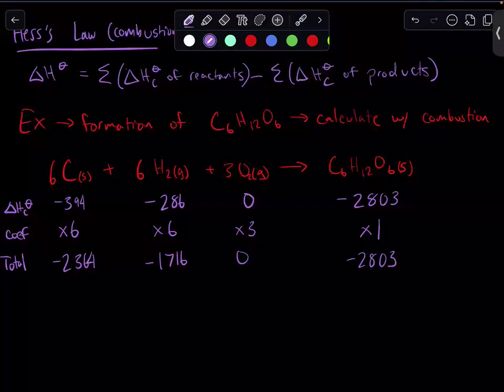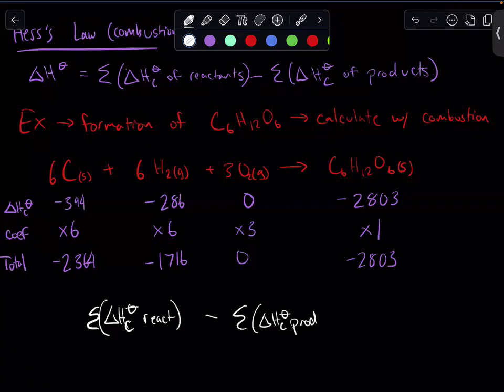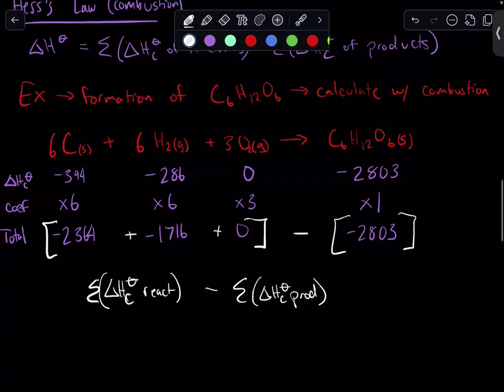Following our equation of Hess's law, the sum of the combustion values of reactants minus the sum of combustion values of products, we can see that all we have to do is just add up all these values and subtract this value.